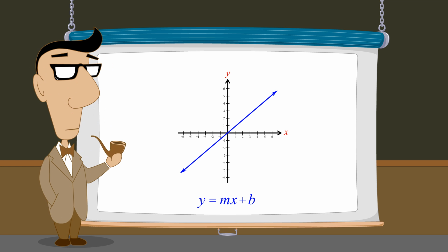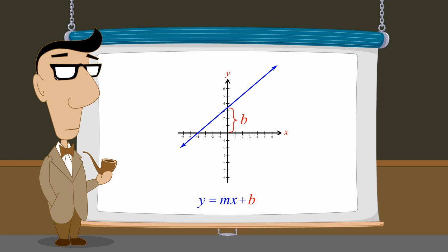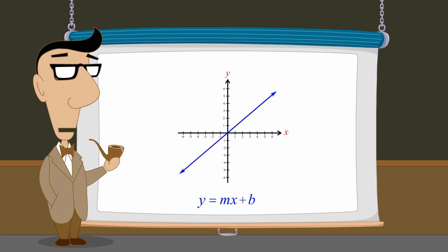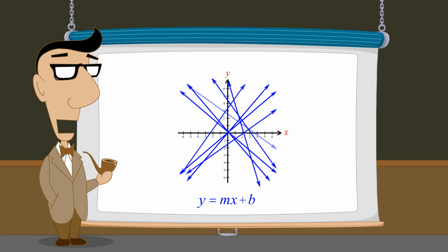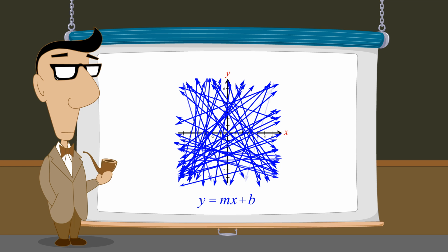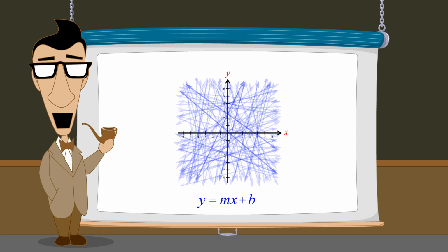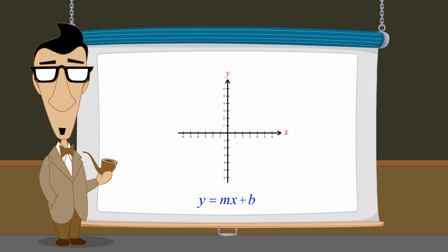The value of b determines the line's vertical position, and the value of m determines the line's slope. Together, these two constants determine the orientation of any non-vertical line in the Cartesian plane. In the next lecture, we will show how to calculate the value of a line's slope, m.